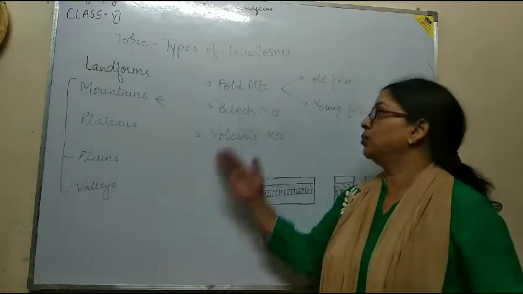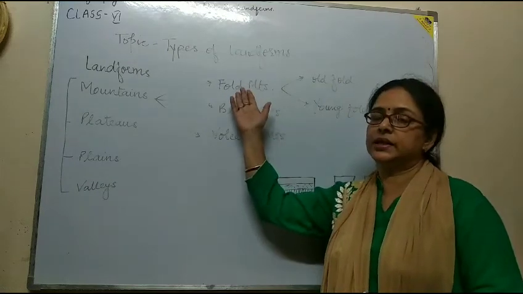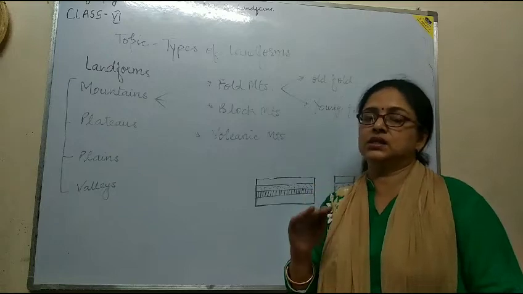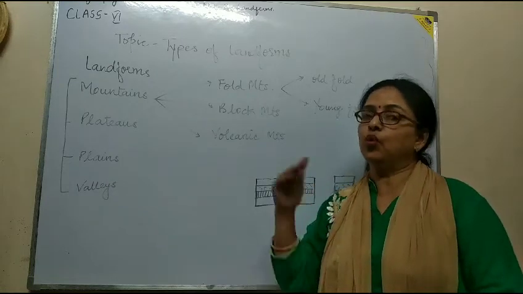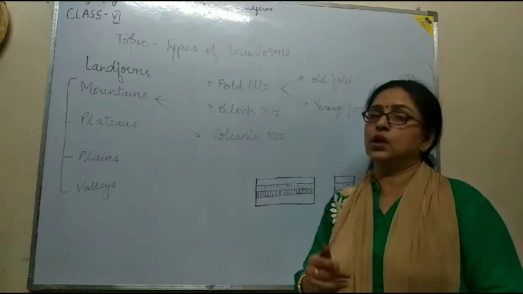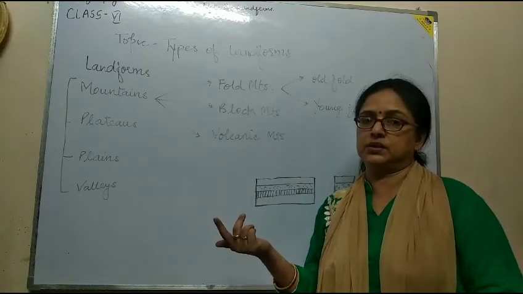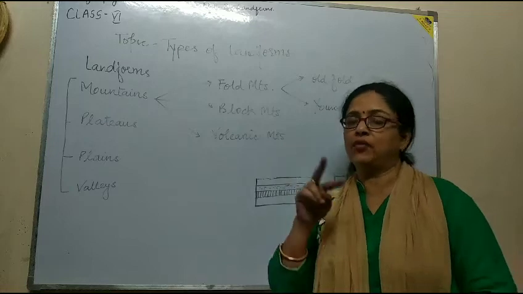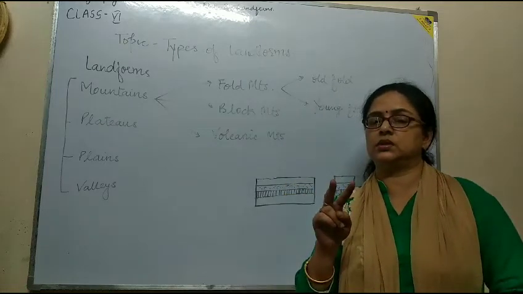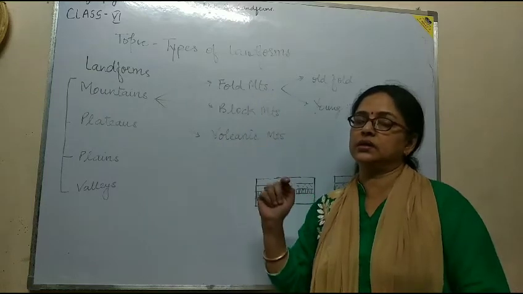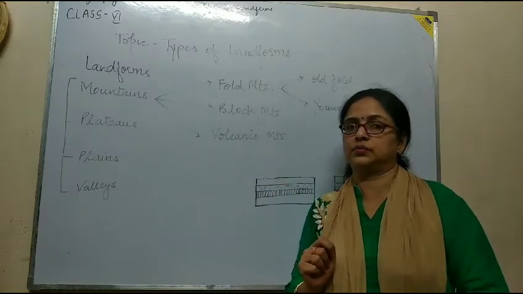Now next is block mountains. As I said about the fold mountains, when Earth's crust bends, folds occur, whereas when cracks are there, faulting takes place. So folding and faulting are the two terms. Folding results in fold mountains and faulting results in block mountains.